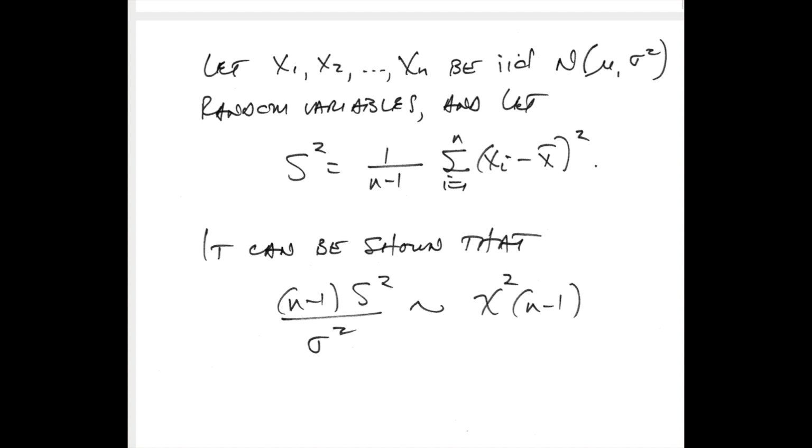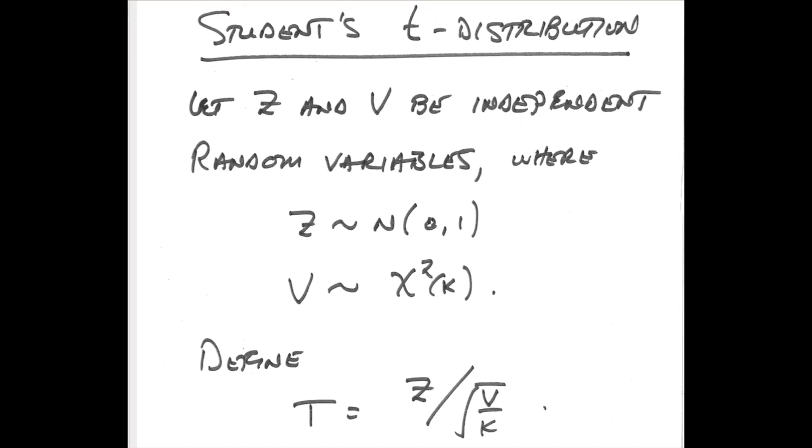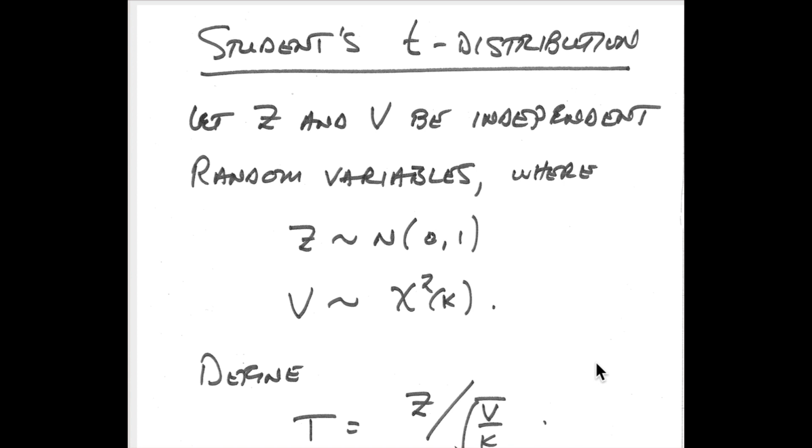And now that we've seen the chi-square distribution, we can talk about Student's t-distribution as well. So let's let z and v be independent random variables, where the random variable z has a standard normal distribution. That is a normal distribution with mean 0 and variance 1, and therefore standard deviation 1.